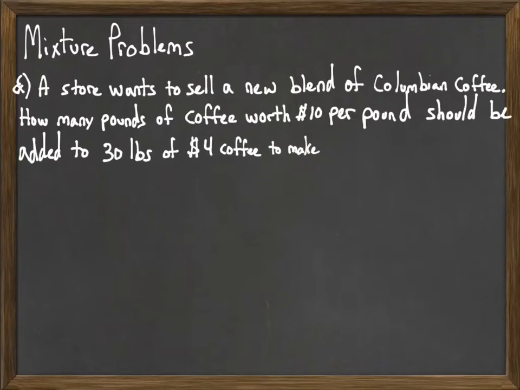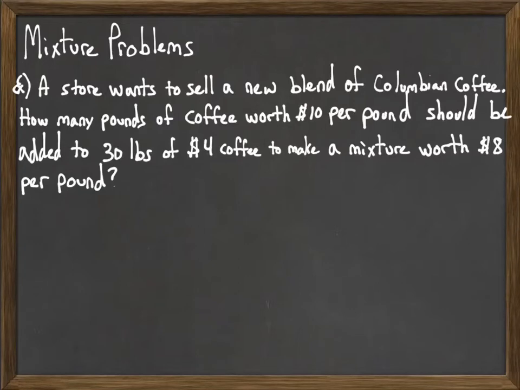And we want to make a new version of coffee worth $8 per pound. So we have $10 per pound coffee that we're going to mix with some cheaper coffee that we can sell for $8 per pound.